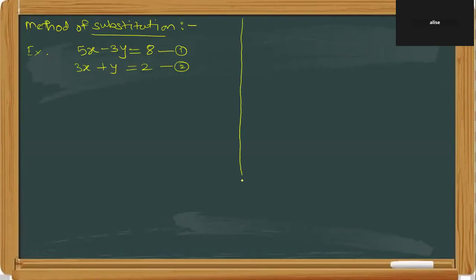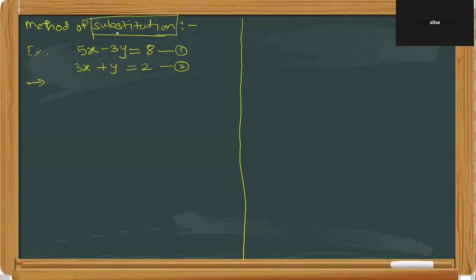To find values of x and y such that both the values of x and y must satisfy both of the equations. Okay. Now see, substitution.